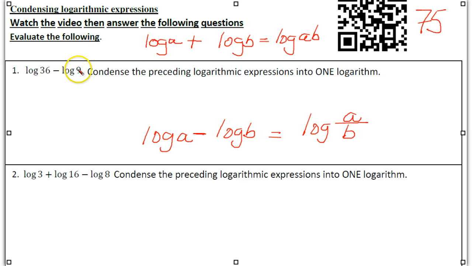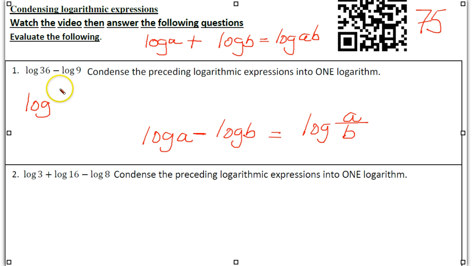So let's take a look then at what we have here. They're asking us to put this in condensed form. So it would be log. Now these are common logs, so it's base 10. So this is subtraction. What do we do when we have subtraction?